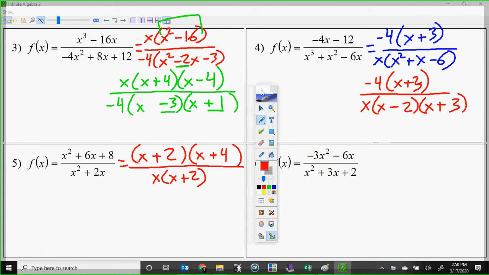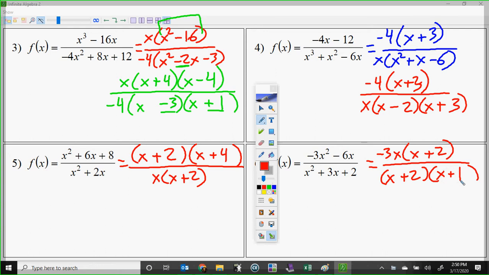Over here, factor out a negative 3x. That gives me x plus 2. For this one, x plus 2 and x plus 1, because 2 times 1 is 2, and 2 plus 1 is 3. There we go. We have them all completely factored out.